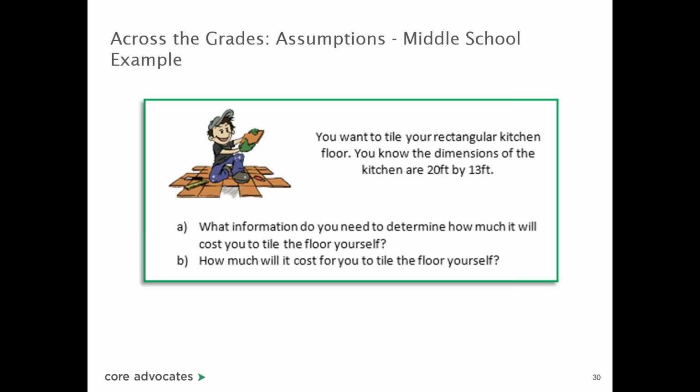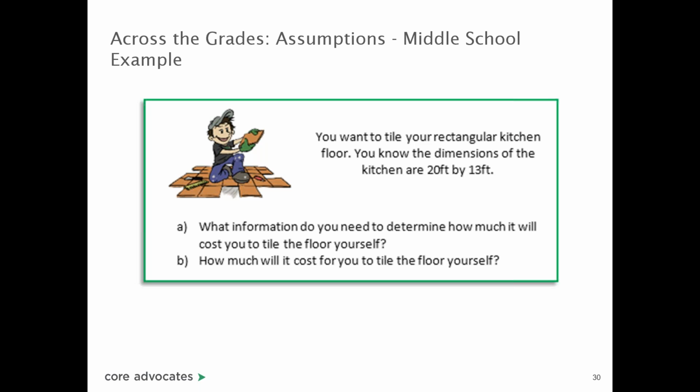Do they need glue? Those are the things that we want them to draw out, the information we want them to find. We may give them that information once they've established what they need to know, or we may help them identify those things and then have them go out and search and come up with reasonable estimates or approximations for those values so that they could then figure out the cost of the floor.